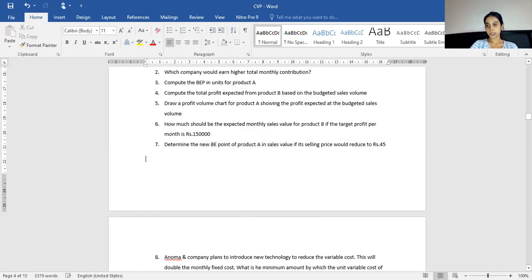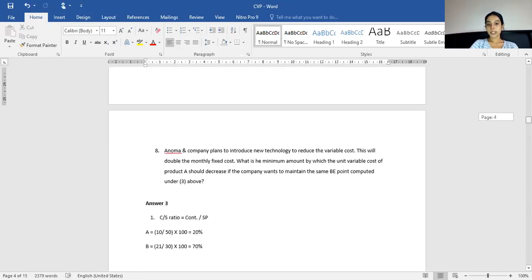Then, Anoma and company plans to introduce new technology to reduce the variable cost. This will double the monthly fixed cost. What is the minimum amount by which the unit variable cost of product A should decrease if the company wants to maintain the same break-even point computed under 3 above?